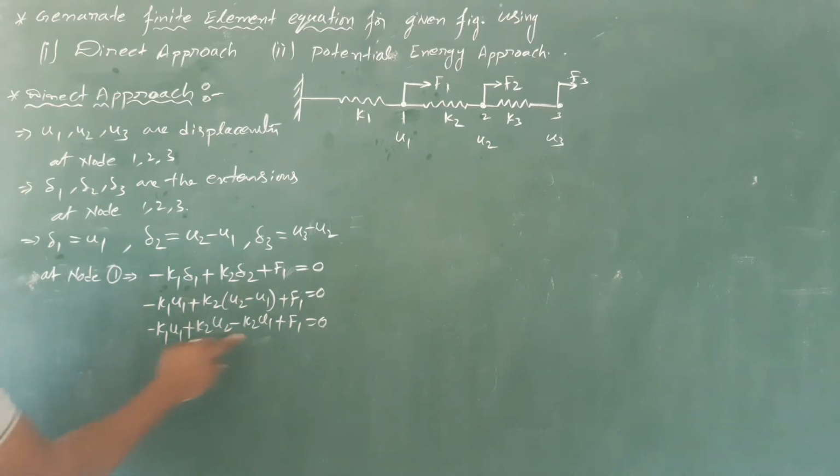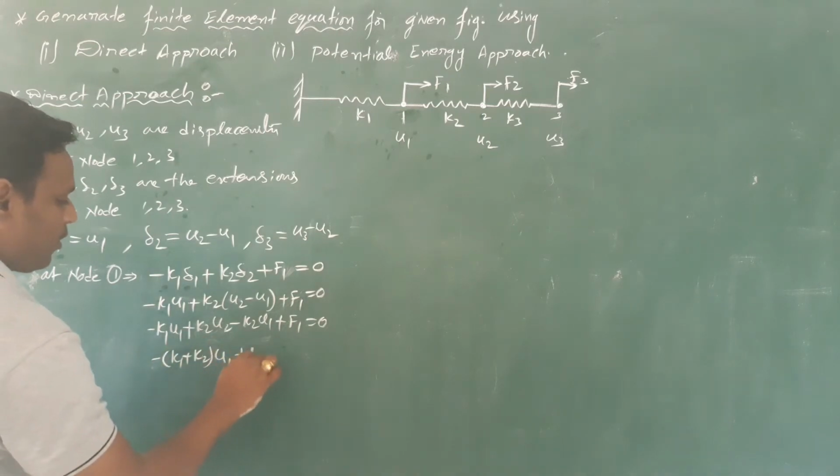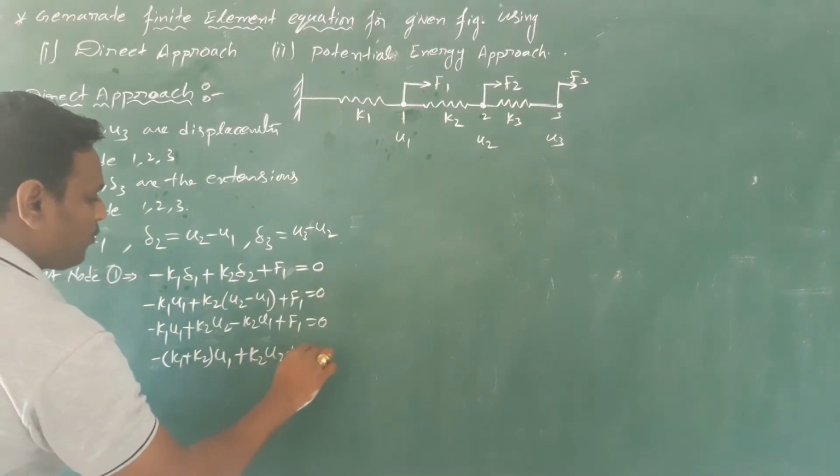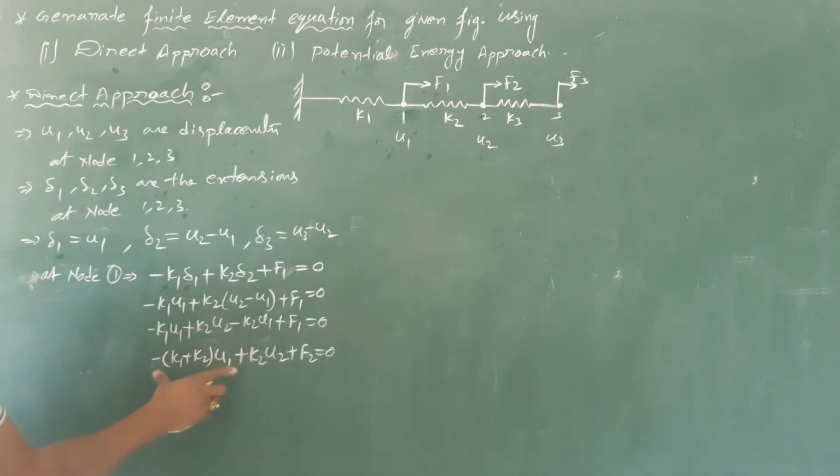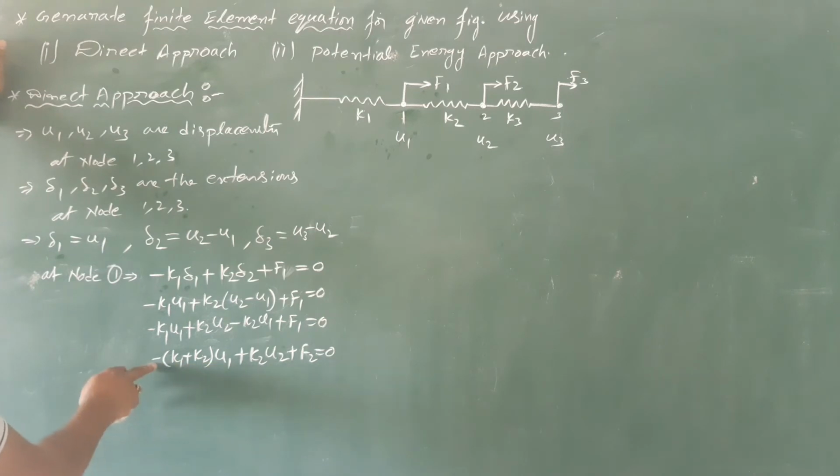Initially simplify this: I take the minus outside, and since U1 appears in each of these terms, I take U1 outside, giving minus (K1 plus K2) U1 plus K2 U2 plus F1.